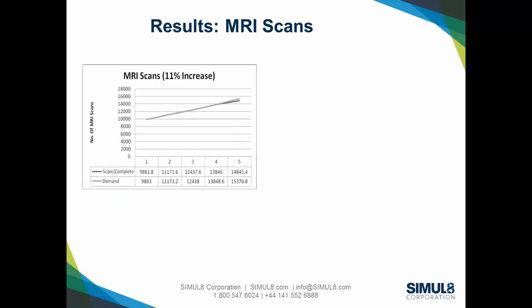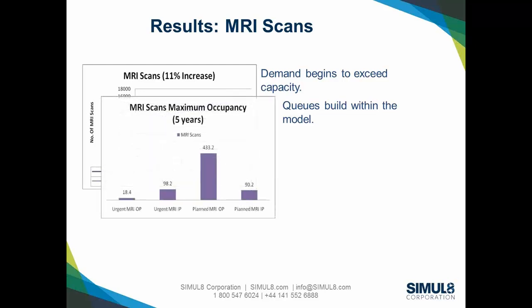What they then did was they looked at the resource that they had, so they looked at their capacity for scanners against their demand. So they modelled that through, and you can see that those numbers start to go up and queues start to build within the model, and the utilisation of the MRI scanner over that period.